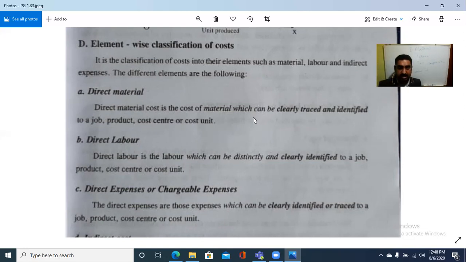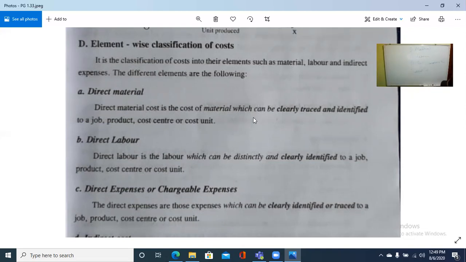Those expenses that are direct, other than the direct material and direct labor, constitute direct expenses or chargeable expenses. That means direct expenses are those expenses which can be clearly identified or traced to a job, product, cost center or a cost unit.